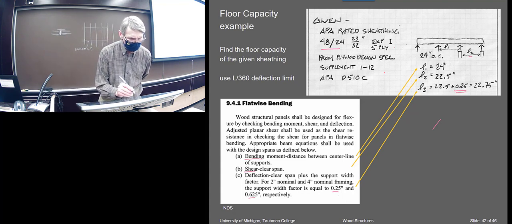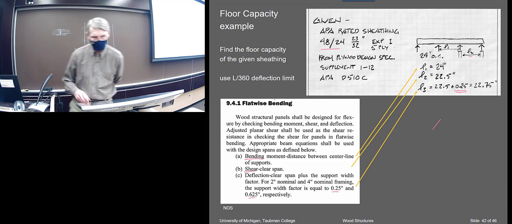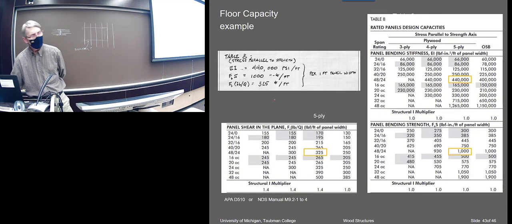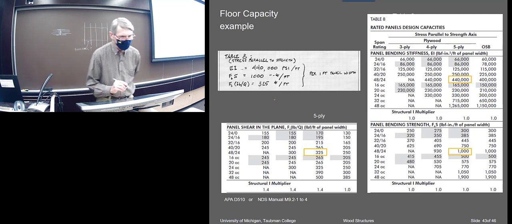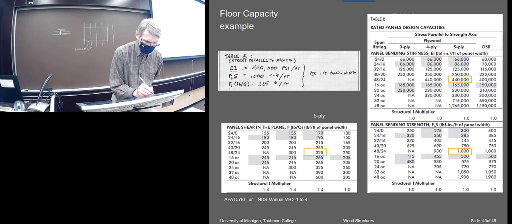Given the sheathing and the deflection limit, I think what we want is the load capacity of it. Out of the table, we can get these values, for the bending, the deflection, the moment, and the shear.